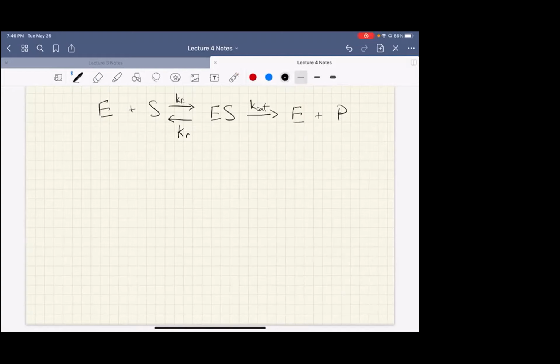So knowing what we know about mass action kinetics, I can actually write down all the equations here. So E and S will have differential equations associated with them.